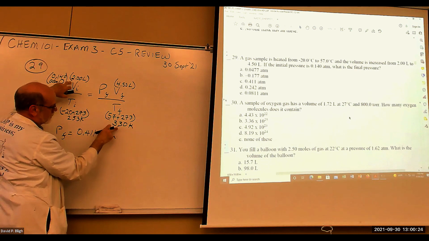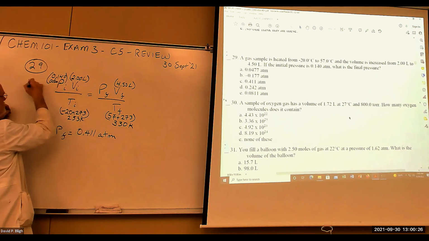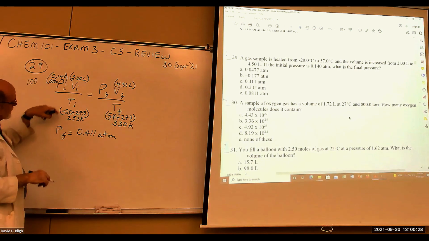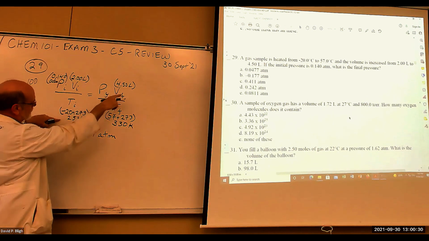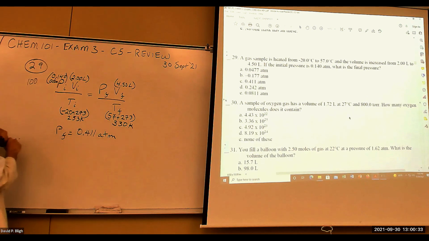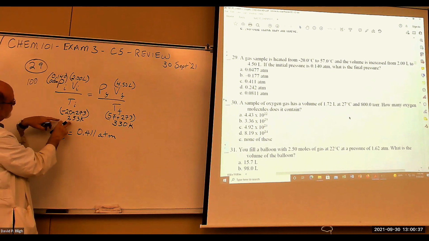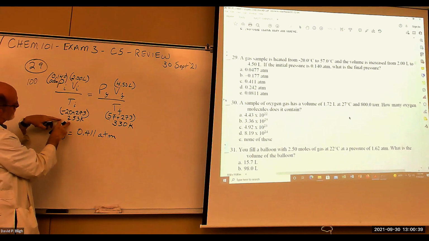So a tenth of that would be 33. That's about 100 up here, roughly. Down here, we've got 253 times 4.5.